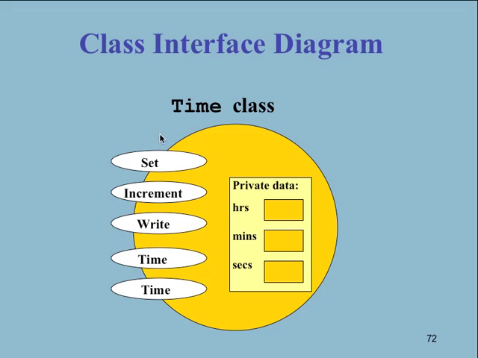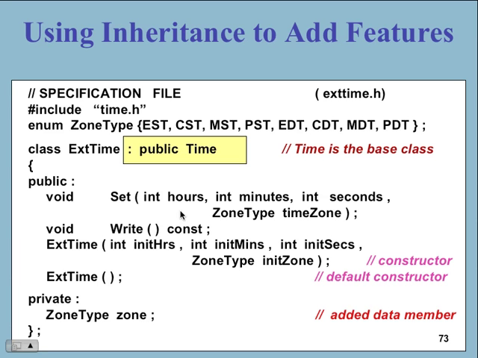So the private is set out here. It's in the memory. And the public set of member functions to set, increment, write, and get the current time. And then we can use inheritance to add features to the particular time. In this example, we're going to set the time zone, extended time. And if you remember, the way we do inheritance is with a colon, space, public time.